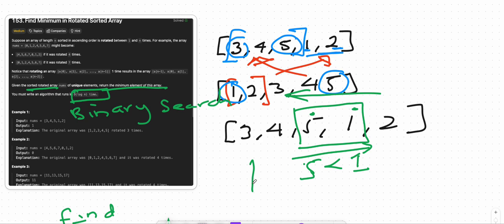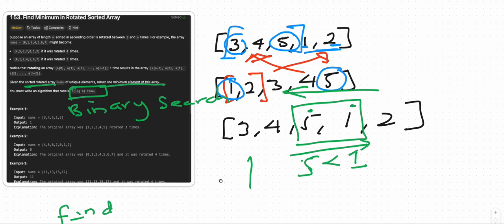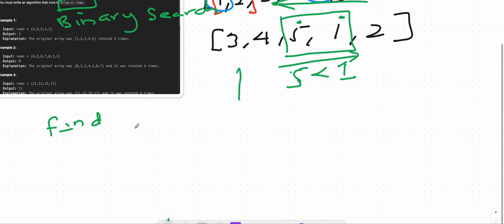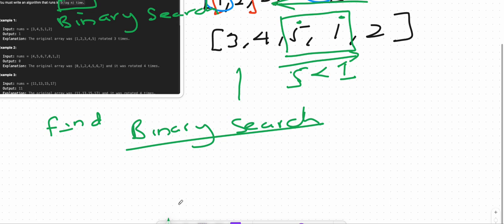So one key thing you need to solve this question is the binary search algorithm.